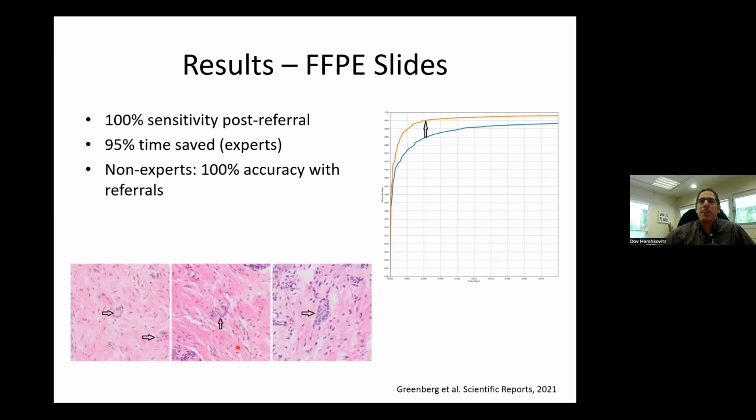Okay, so in these cases, the algorithm gave a very high score, and the pathologist gave a low score, and the decision support algorithm would tell the pathologist, okay, in this case, you should send it to an expert pathologist to review.